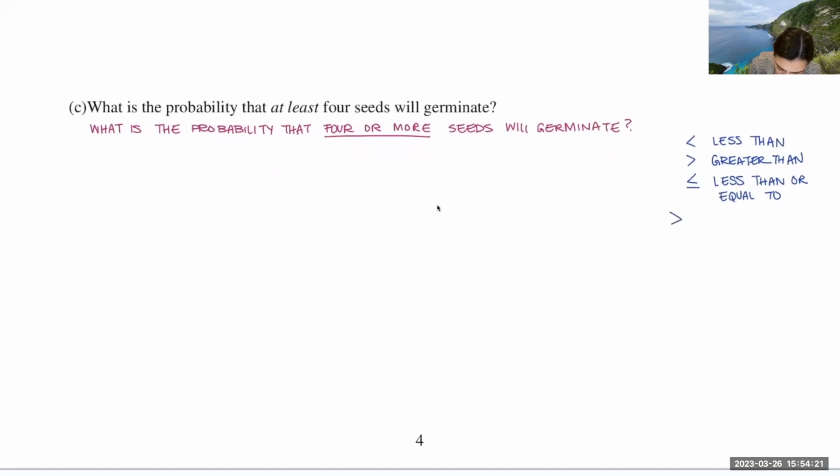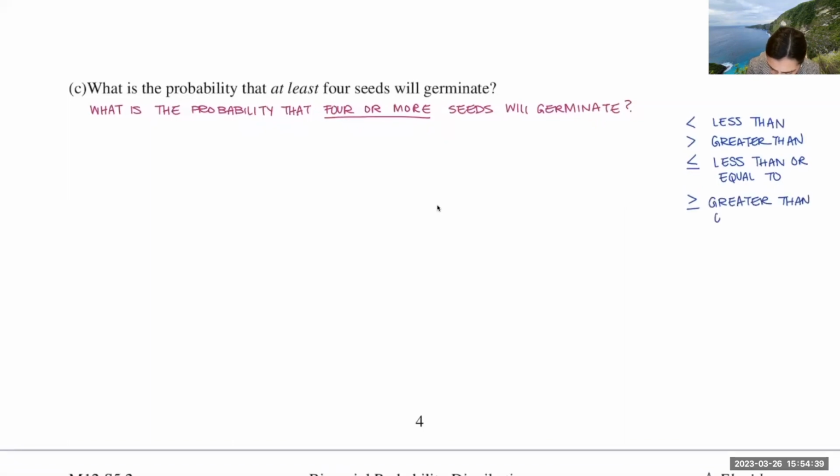And if it's pointing towards the right and has an equal symbol, then it's greater than or equal to. So here we're looking for 4 or more. Using this notation, the probability that X, being the number of successes in n trials, is 4 or more, so X has to be greater than or equal to 4. This is what we're looking for now.